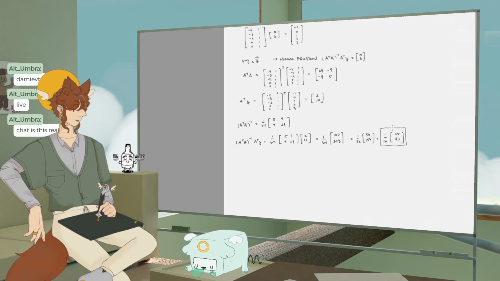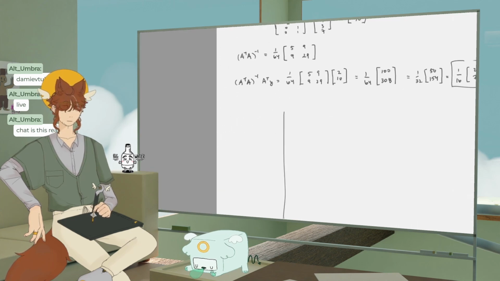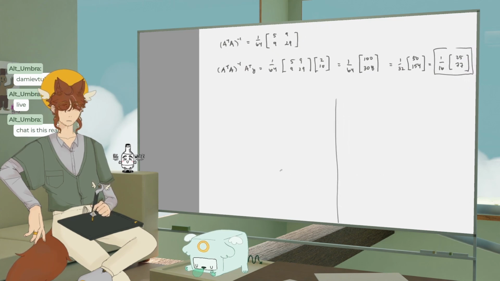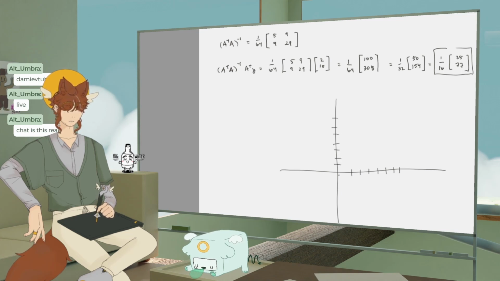If I was gonna plot these points just really roughly. Those are top. There's a 7 in there. 1, 2, 3, 4, 5, 6, 7. 1, 2, 3, 4, 5, 6, 7. Don't worry about the scale. 1, 2, 3, 4, 5. 1, 2. 1, 2, 3, 4, 5, 6, 7.